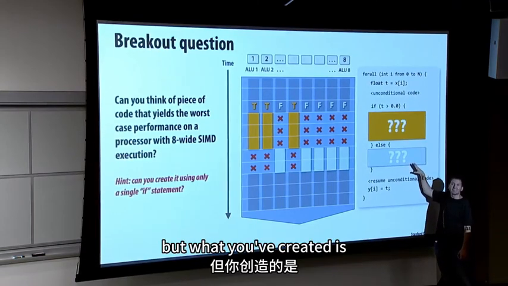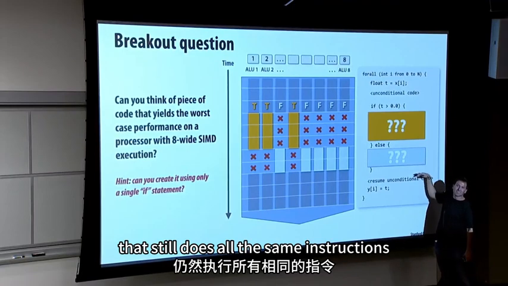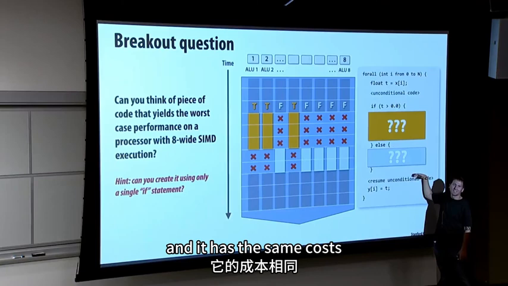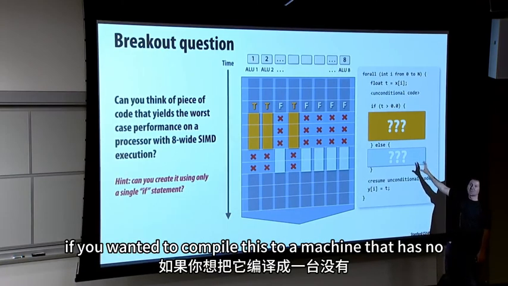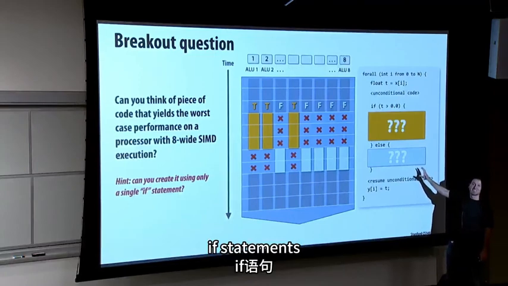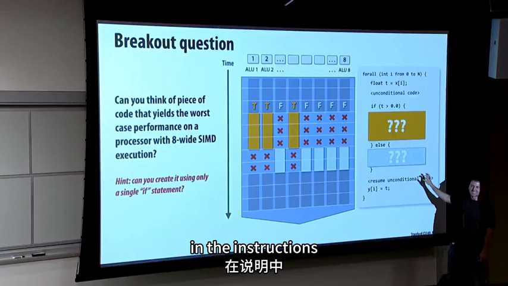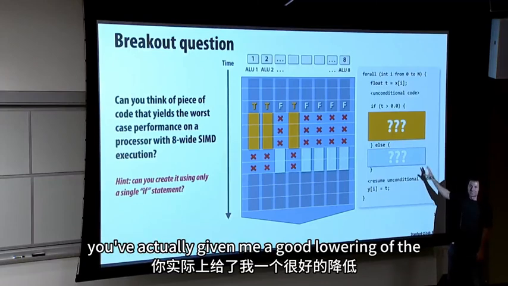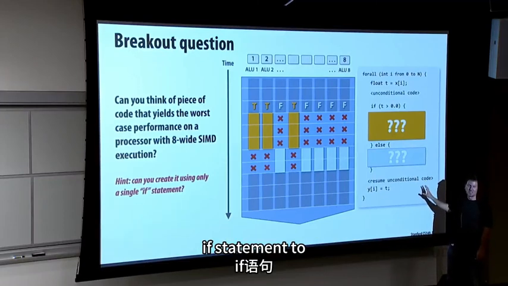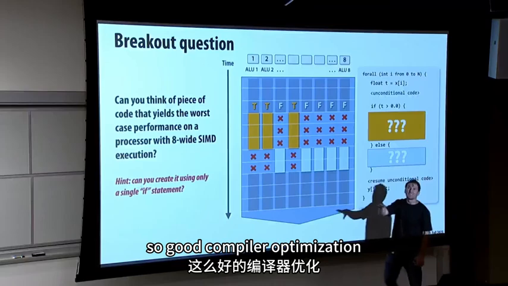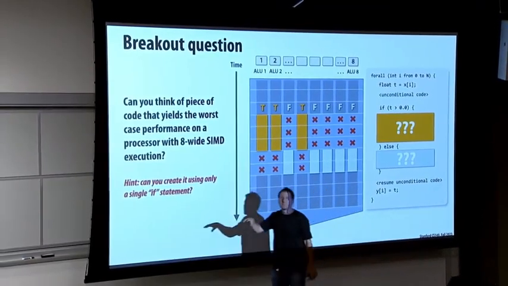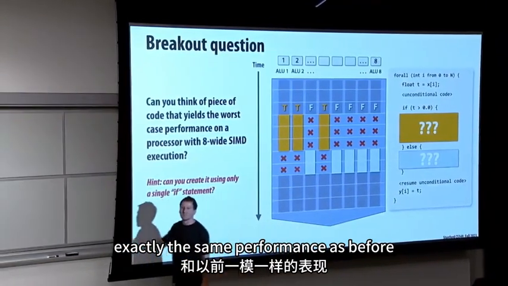But what you've created is something that still does all the same instructions and has the same costs. So what you've said is if you wanted to compile this to a machine that has no if statements in the instructions, you've actually given me a good lowering of the if statement to what's called predication. So good compiler optimization, but we're still running exactly the same performance as before.